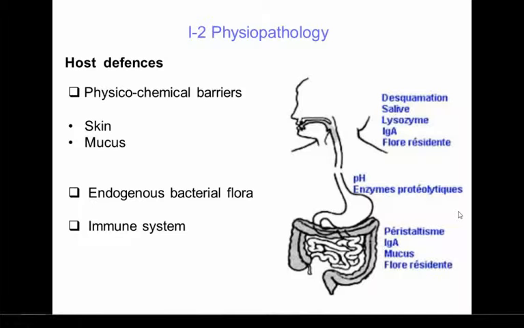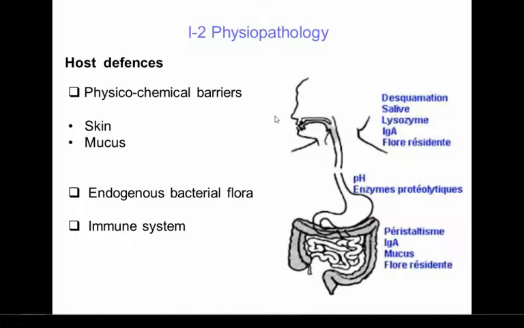Another barrier like this for the respiratory mucosa is the way the upper respiratory tract is organized. You don't have a smooth tube that goes from your nose down into the lungs. I don't really know anatomy, but it's complicated in there. The upper respiratory tract is a complicated structure and it produces turbulent flow.